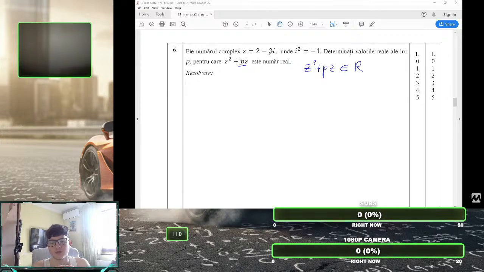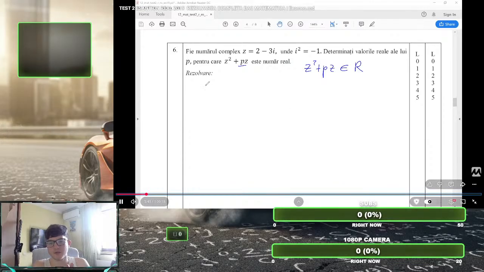So you just plug in the z right there, set the imaginary part equal to 0. I mean, just work with the imaginary part, stuff like that, and you're going to get values of p from there.